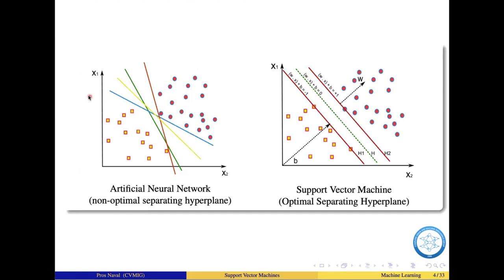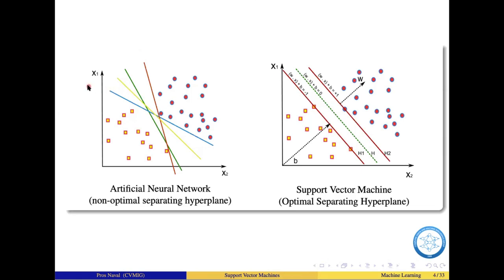So here's a diagram. These are two diagrams illustrating the difference between the artificial neural network and the support vector machines. So the ANN is familiar. You studied this last time.